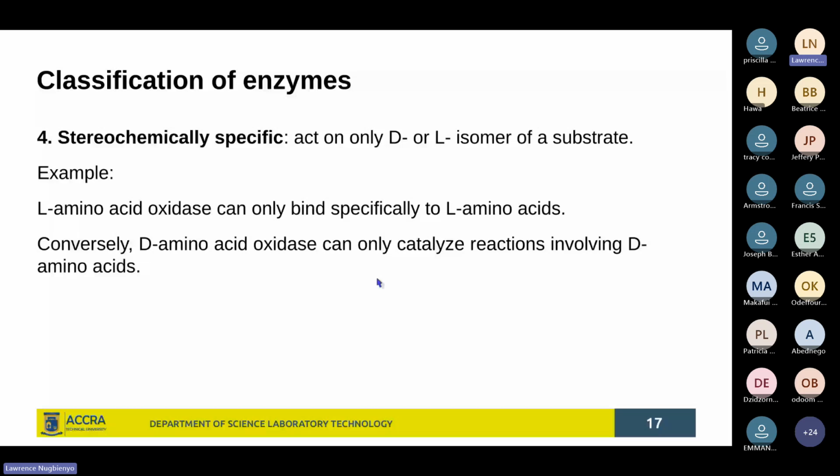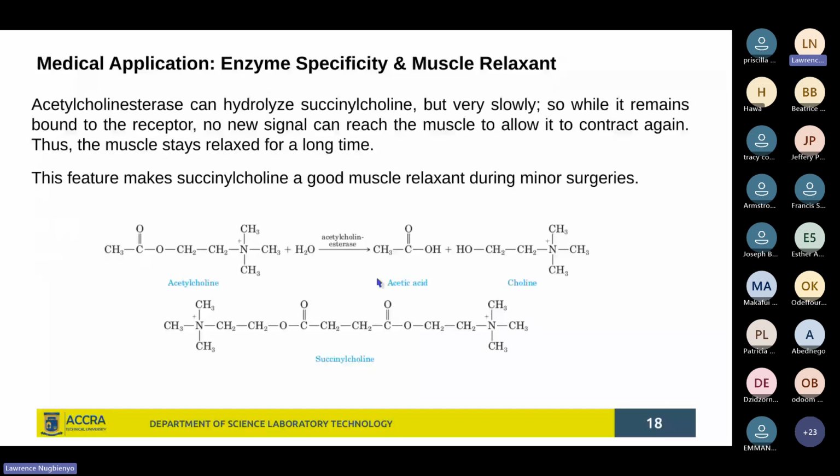I think we ended with a practical application of our knowledge of enzyme action, and we looked at the example of succinylcholine, which is used as a muscle relaxant.